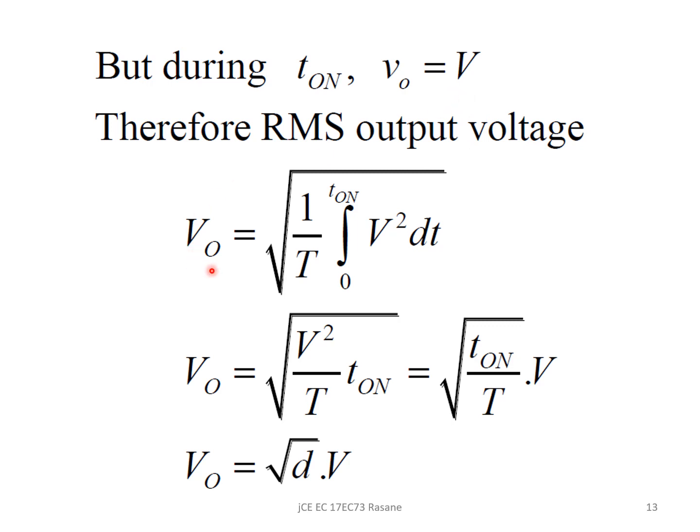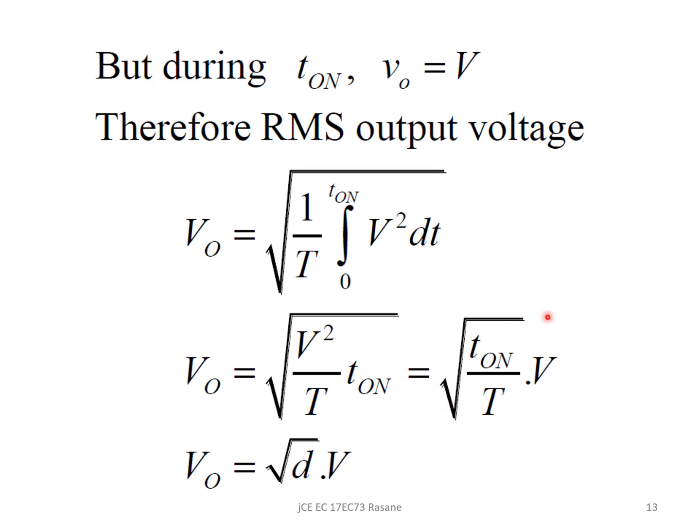I will write this as V naught equal to under the root sign 1 upon T integration 0 to T on V squared dt. Again, V squared comes outside because it's a DC value, a fixed constant. So V squared upon T integrated between 0 to T on, which means it is T on itself.